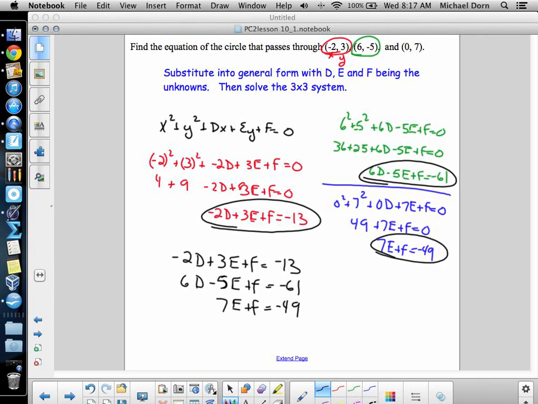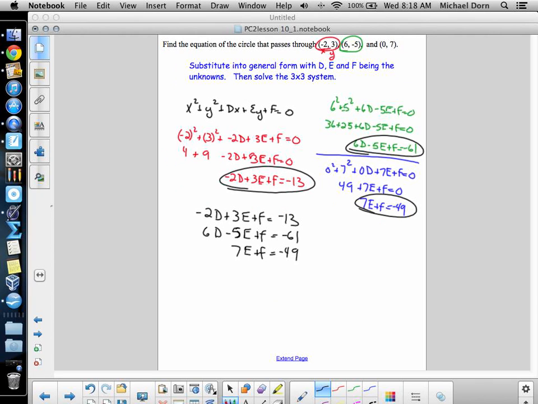Now we have to solve that system. How do we solve that system? By eliminating variables. Now, this equation already is missing a d. So I can use these 2 equations to eliminate a d. And then I'll have 2 equations and 2 variables, and that makes it a little bit quicker. So I'm going to take this equation times 3 plus this equation.